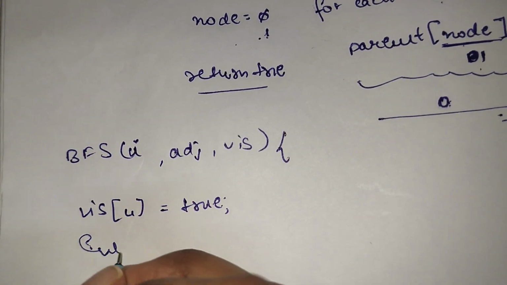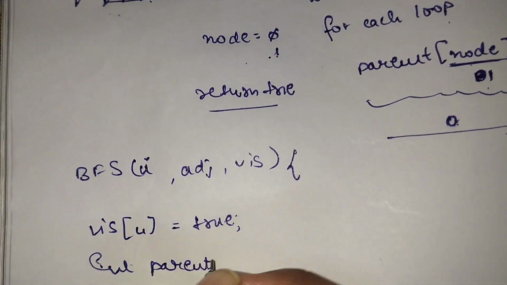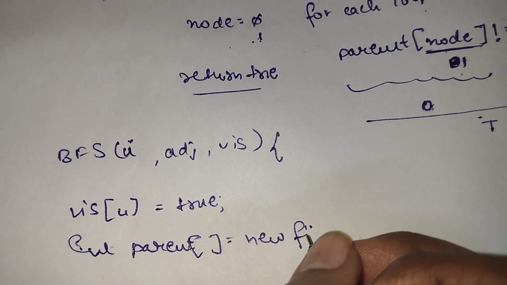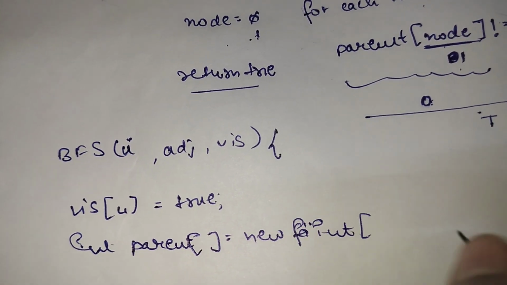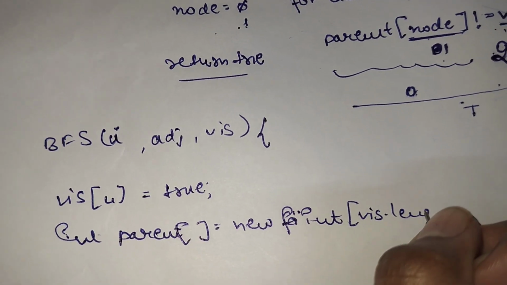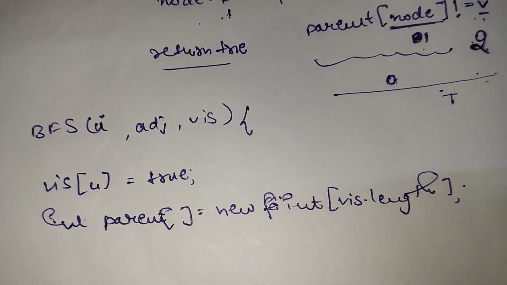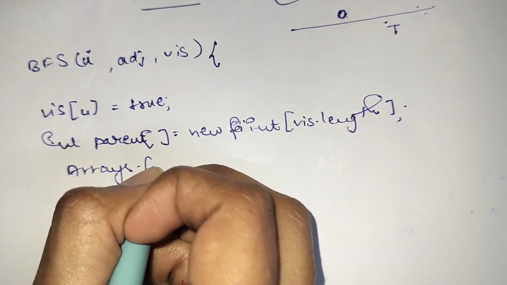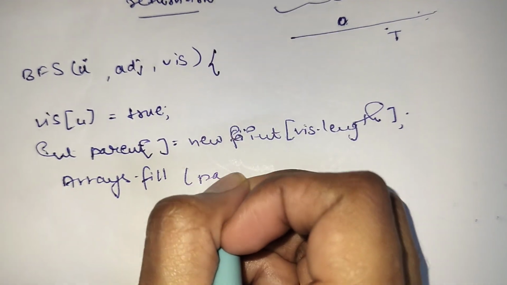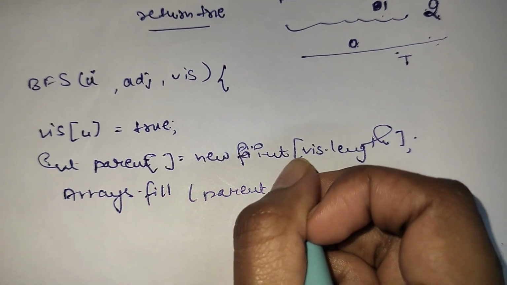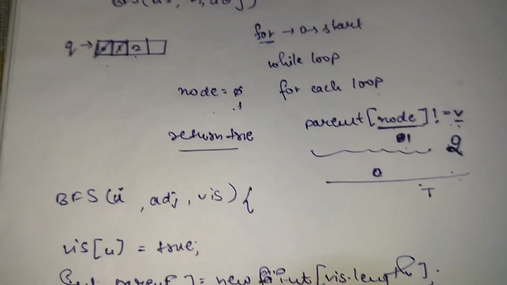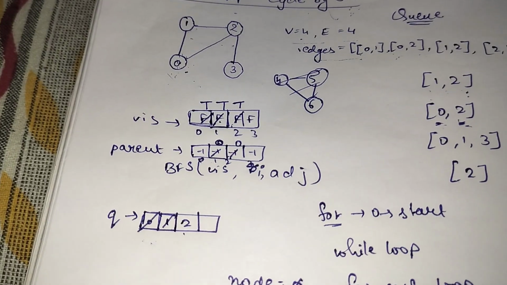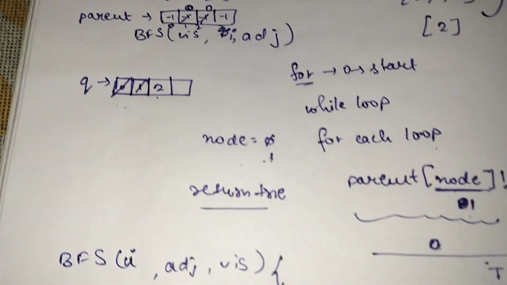Then I took a parent array to make sure whether it is coming from the parent or from another node. Now I'm going to fill it with -1 by default, because as I told, whatever we take as the initial starting node, in our case node 0, we are going to consider its parent as -1 only.